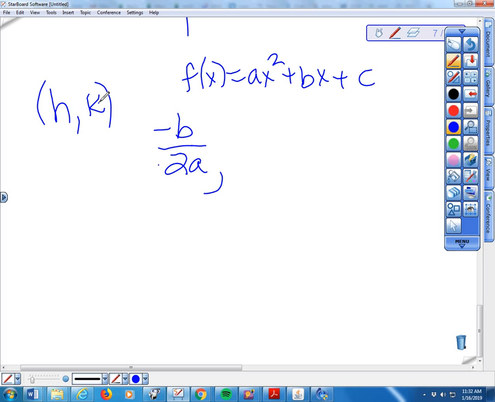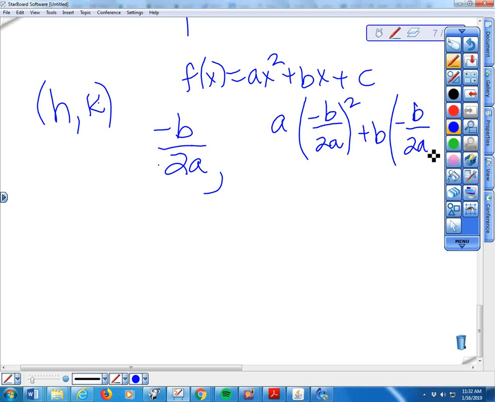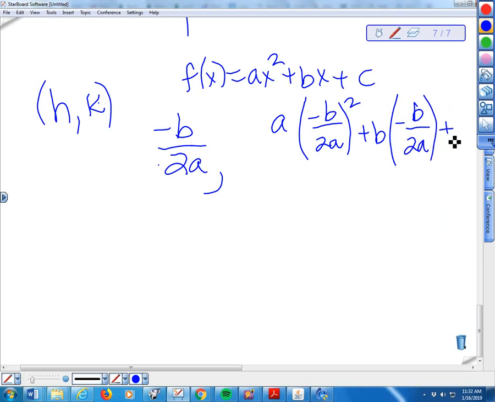So it's just a times negative b over 2a squared plus b times negative b over 2a plus c. I would prefer that you simplify it if you can, but WebWork will take it exactly the way I've written it. And just make sure that 2a is in parentheses in the denominator. Does that answer your question?